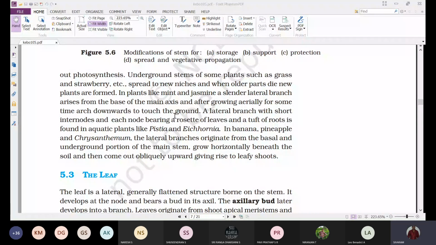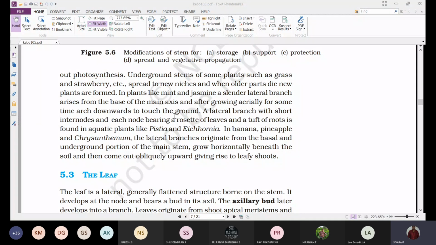Okay, so in the case of mint and jasmine, mint especially, we can observe that from the underground stem a branch will develop, and that one will grow in an inclined manner, that means at a certain angle, and comes out of the soil and becomes aerial, and that aerial part will form the shoots.